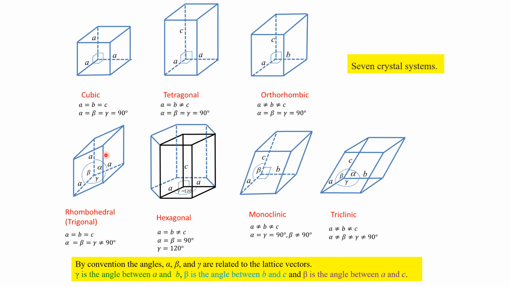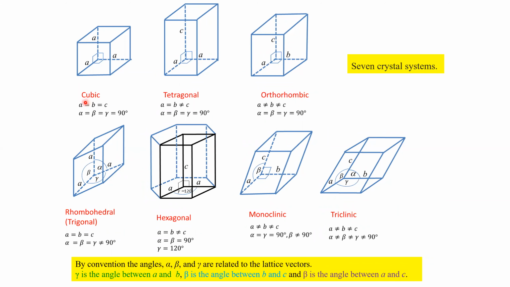Now let's take a look at the 7 crystal systems: cubic, tetragonal, orthorhombic, trigonal or rhombohedral, hexagonal, monoclinic, triclinic. Let's take a look at this first.